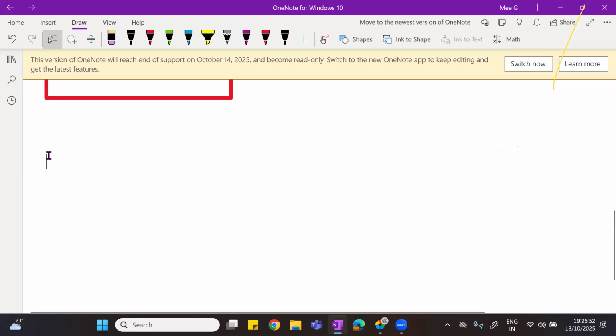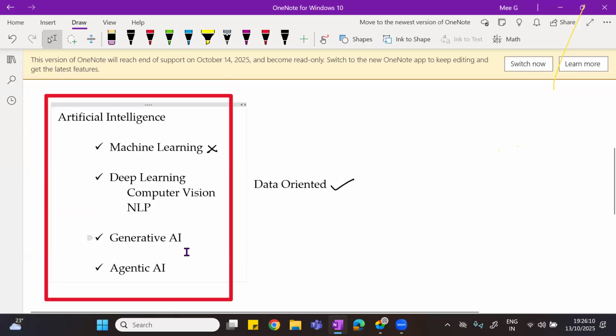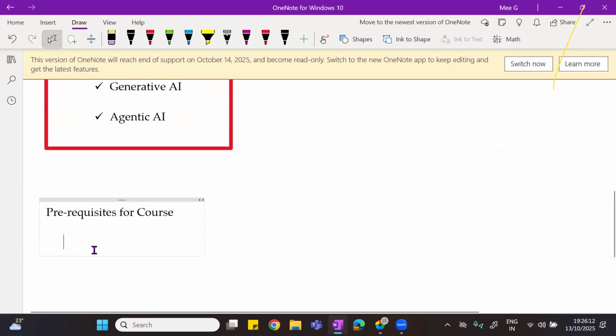Now let's see what the prerequisites are for our AI course. When I say AI course, I mean deep learning, generative AI, and agentic AI.